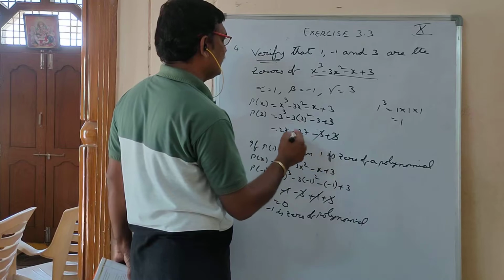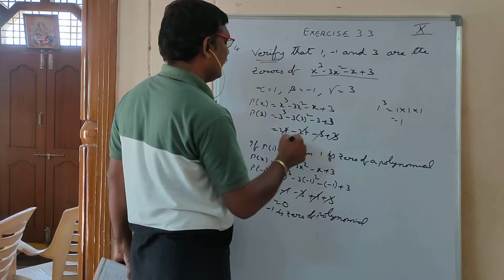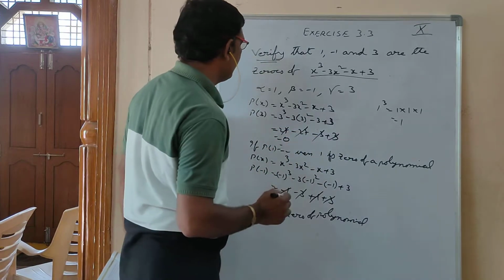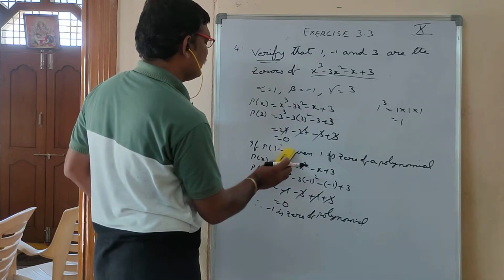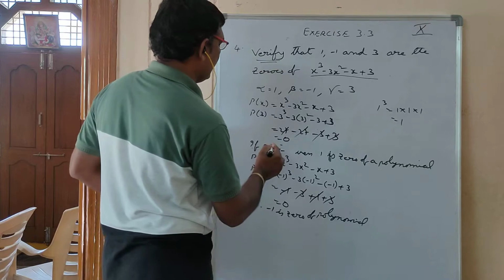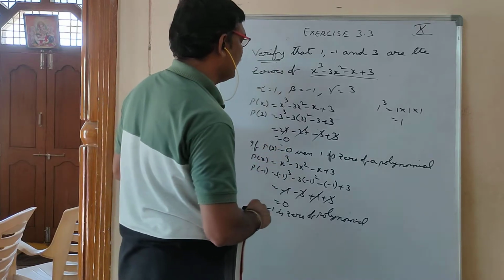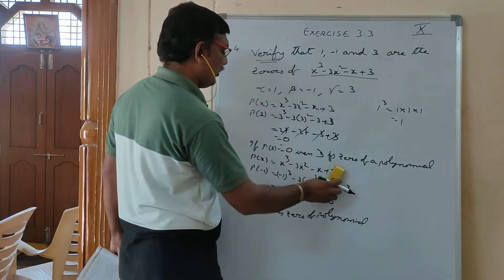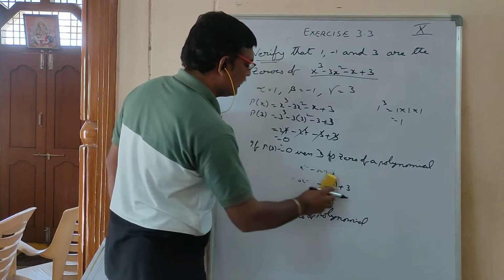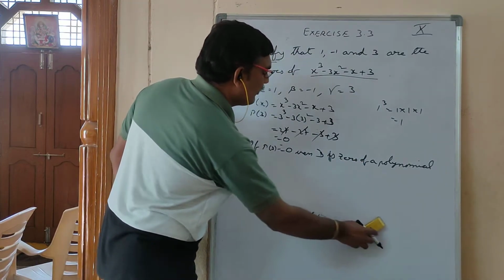Plus 3 minus 3 cancelled. Plus 27 minus 27 cancelled. You got 0. So what you have to write here? If p of 3 is equal to 0, then 3 is a zero of the polynomial.